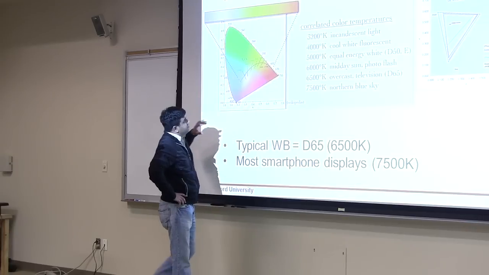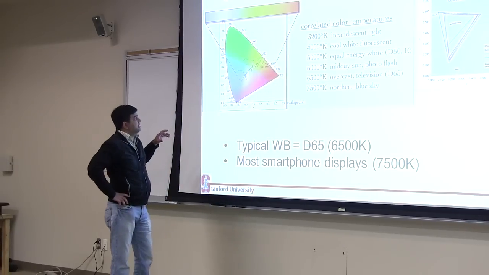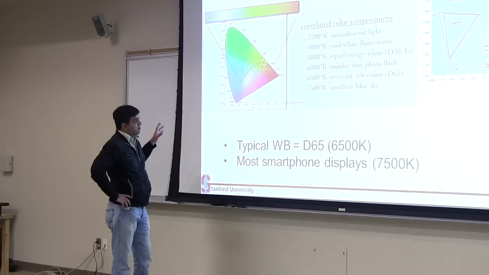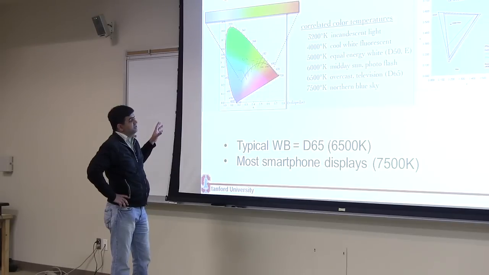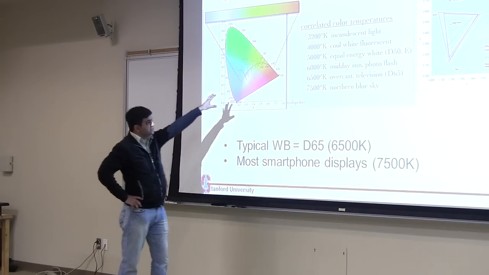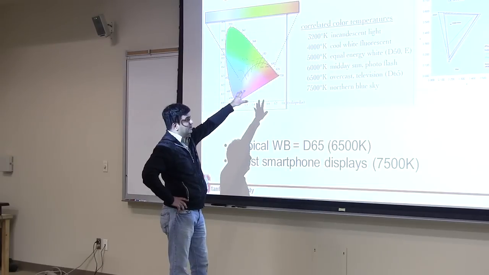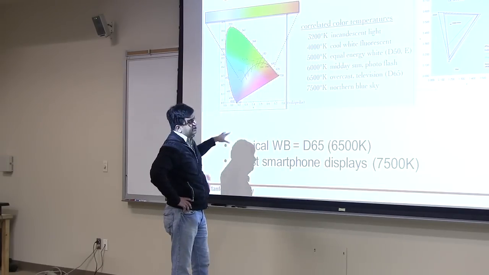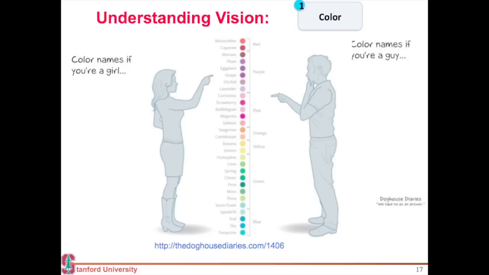That's what most of your images are stored at, what most of your cameras record, and what most of your displays operate at. We'll see when we discuss LCD or OLED technology that they each have a different gamut. Also, this color perception depends a lot from person to person, from gender to gender.